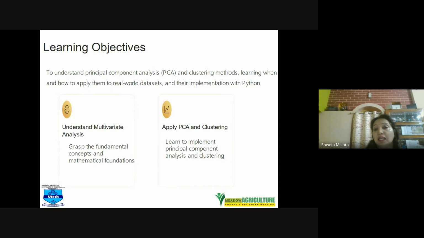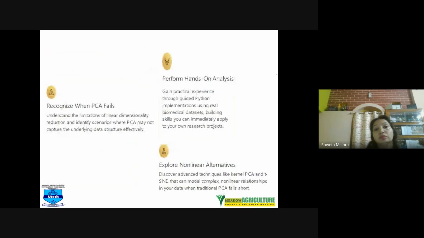Then we will apply PCA and clustering. These are two algorithms. From this session, you will be able to implement PCA and clustering in your particular domain that you are working on. Then the next thing is, what if the algorithms, the methods we are learning, fail?